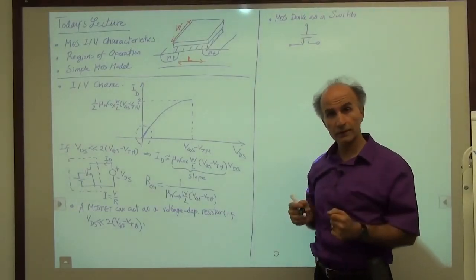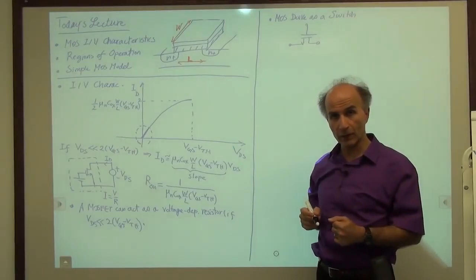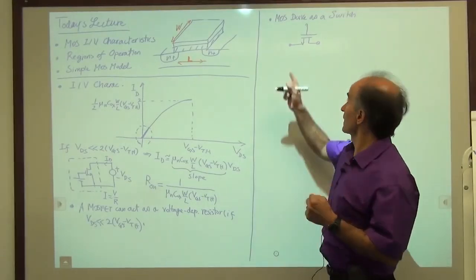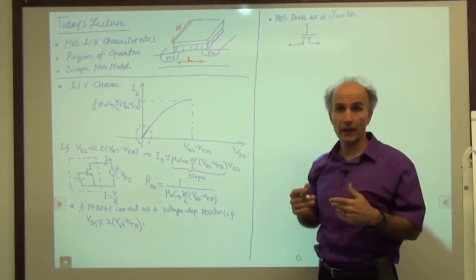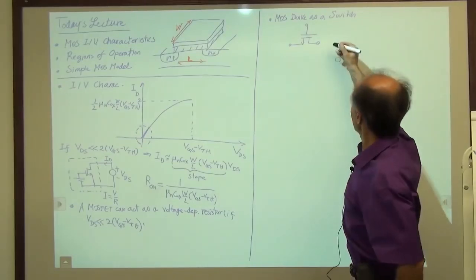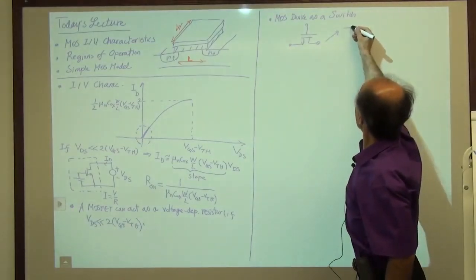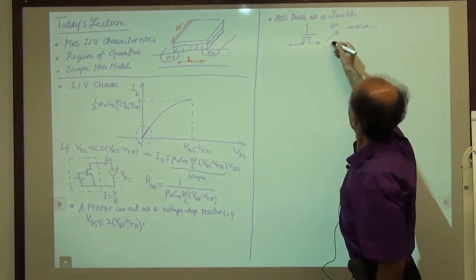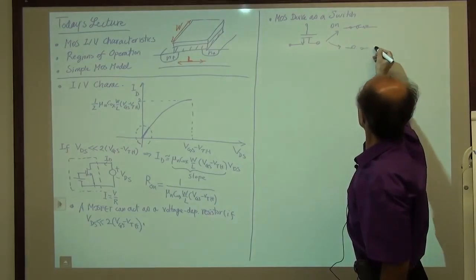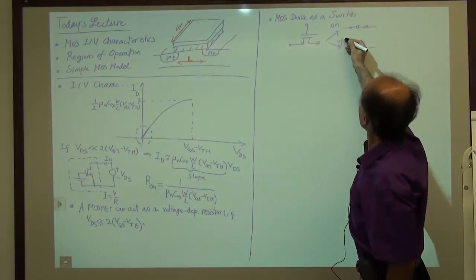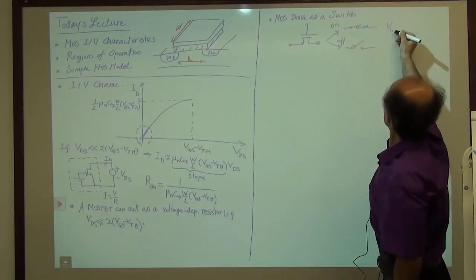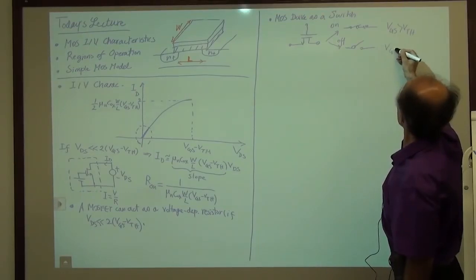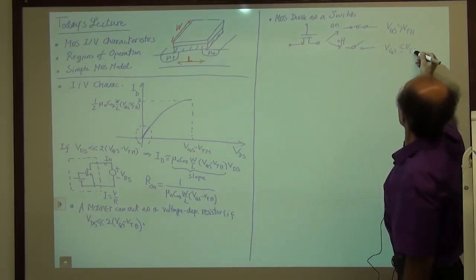So that's like an electrical switch that you're familiar with. It's not an ideal switch because when it's turned on, its resistance is not 0. But it's okay, it's not that bad. So we say that this can operate as a switch with some internal resistance when it's on, and operate as a switch that's off when the device is off. So here VGS is greater than VTH. Here VGS is less than or equal to VTH.